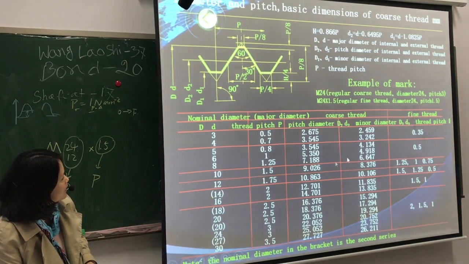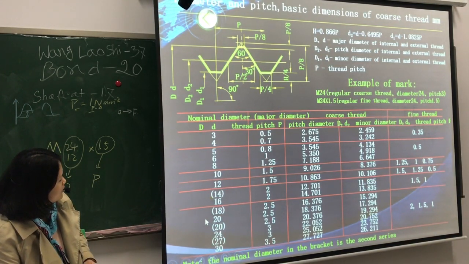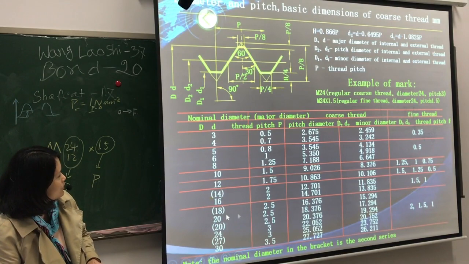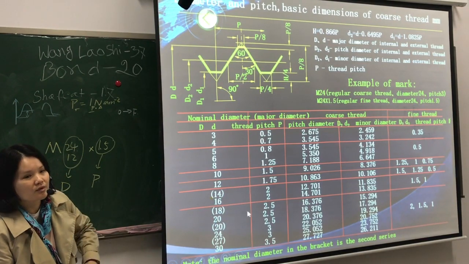From this table, we can select the standard screw thread.